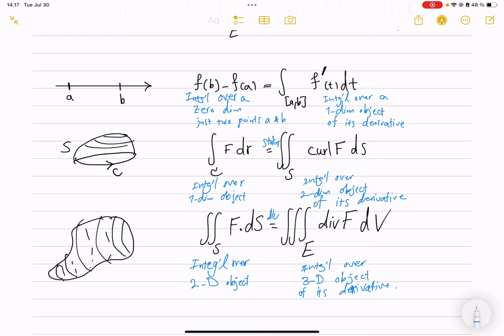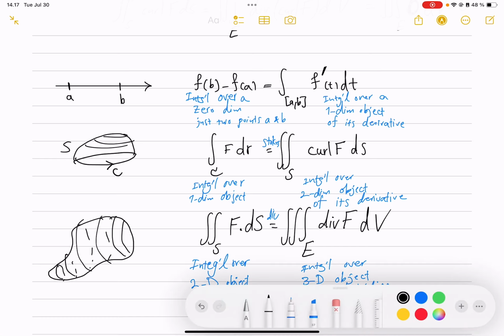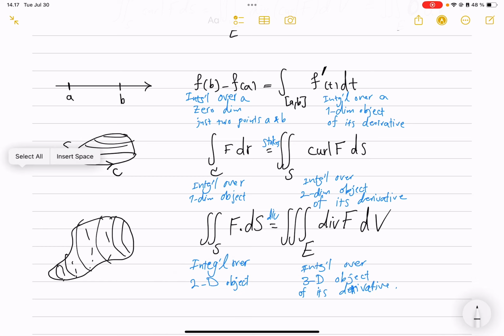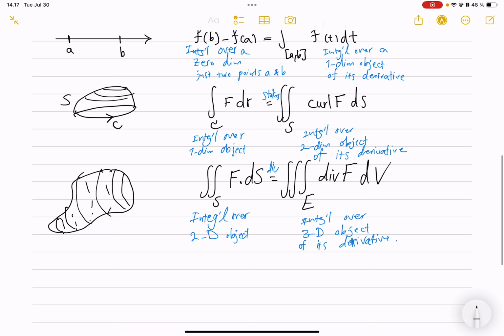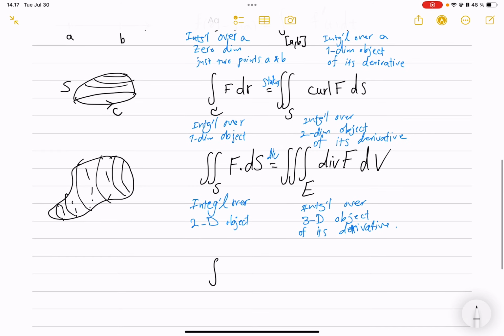And if you wonder if we can move to dimension 4, 5, and 100, that's actually the case. There is this deep theory of manifolds and differential forms, and all of these, Green, Stokes, divergence, end up looking like this. So if you integrate a differential form over the boundary of some object, some manifold, it's equal to integrating over the manifold itself the derivative of this differential form.